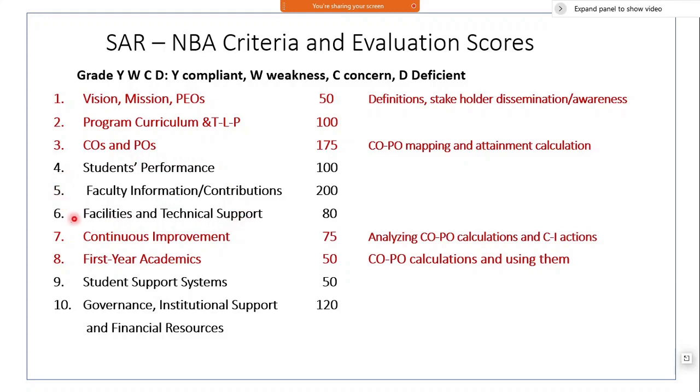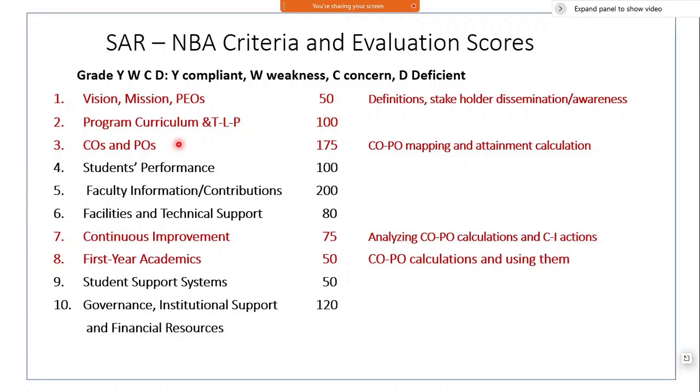This is not in our hand, but next is the 7th criteria, which will help us connect CO and PO again, back to back. That is the action taken report, the continuous improvement report. Here you look at the gaps.